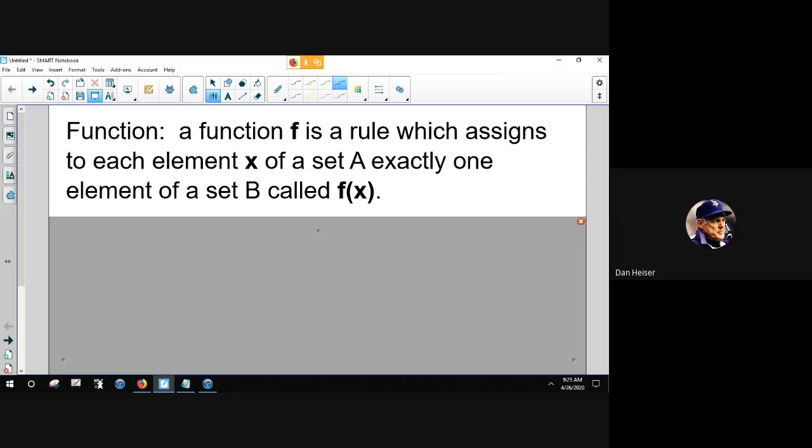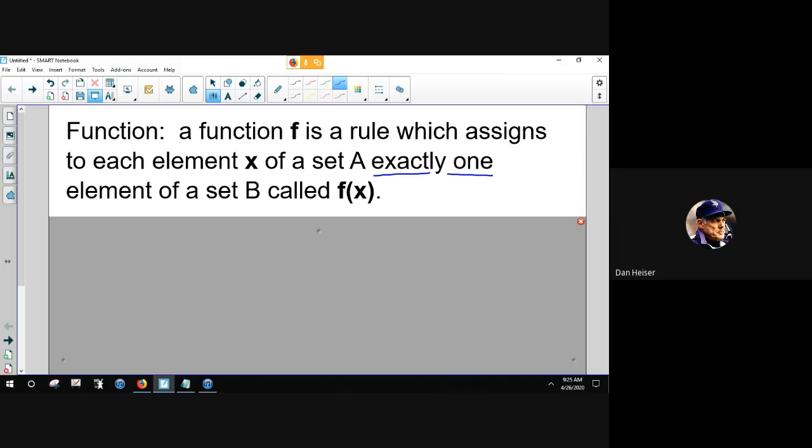Now, there are two words in this definition that are extremely important. And these two words distinguish a function from things that are not functions. And these are the two words. Every element from A only gets to have one partner from B. The reverse is not necessarily true.